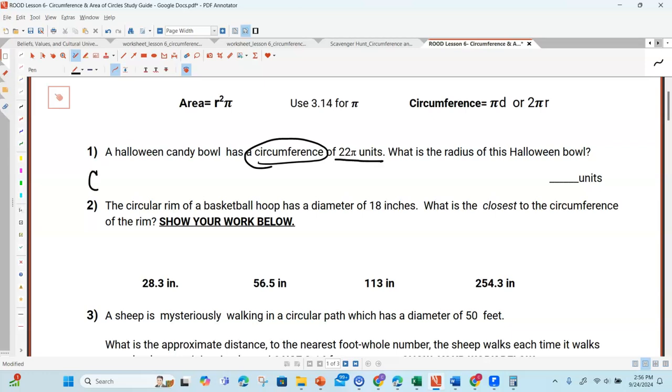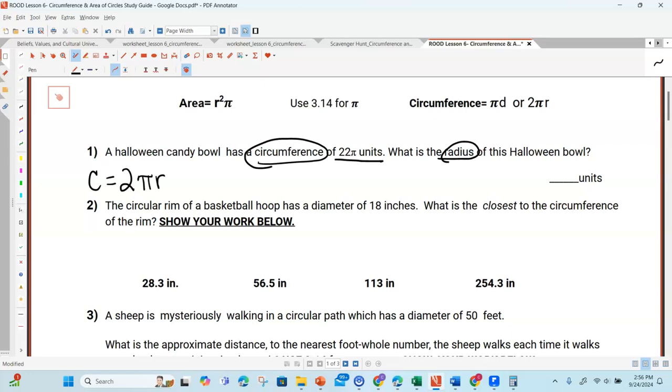I'm going to write down circumference equals, and then what is the radius? I see the word radius, and looking at the formulas, I could use 2 pi r. I was given the circumference, so I'm writing C equals so that I can substitute.